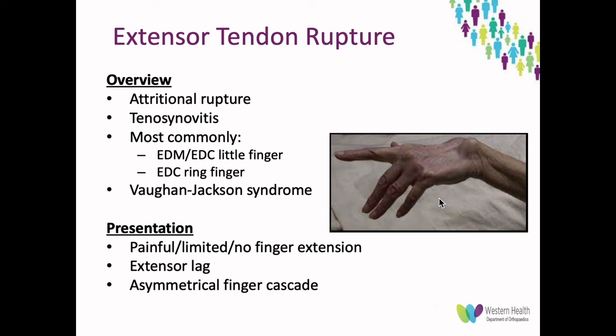So in terms of rupture, attritional rupture due to dorsally prominent ulnar heads from DRUJ instability, volar carpal subluxation, as well as tenosynovitis. This most commonly occurs in the little and ring fingers, and Vaughan-Jackson syndrome is what we see in rheumatoid hands, although less with the use of effective medications, with the rupture of dorsal extensor tendons starting with the little finger from ulnar to radial.